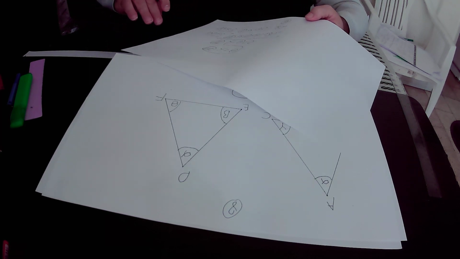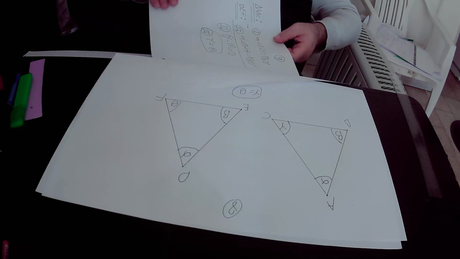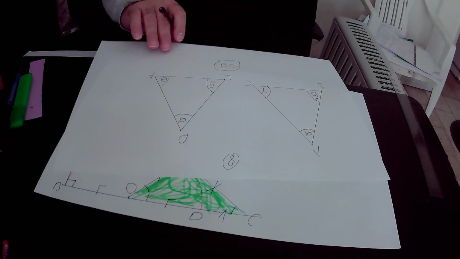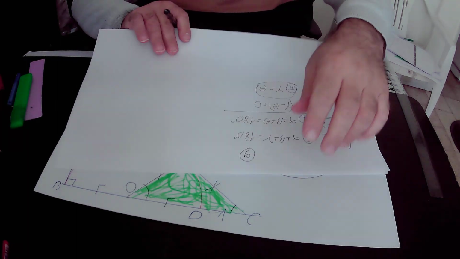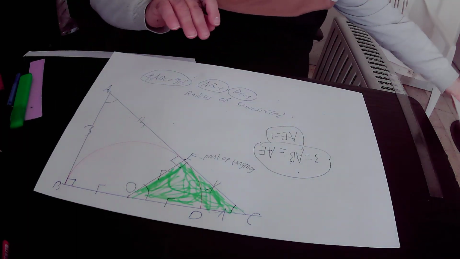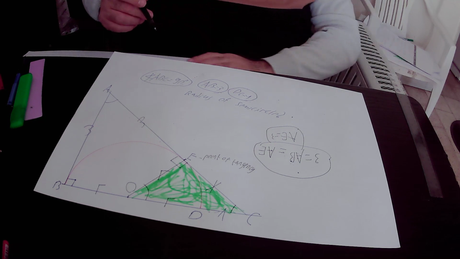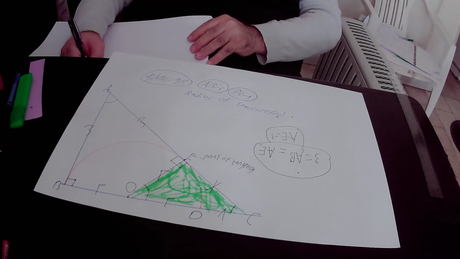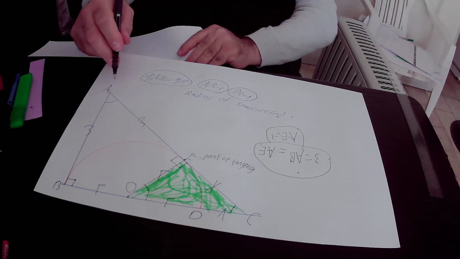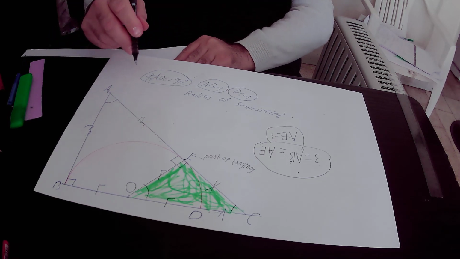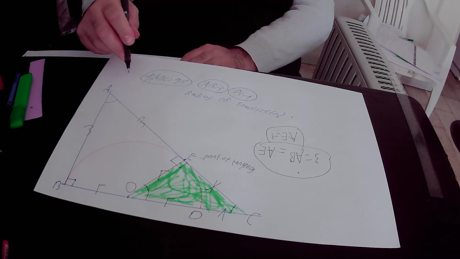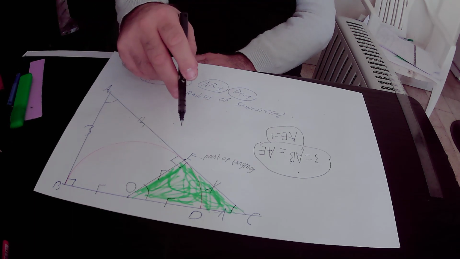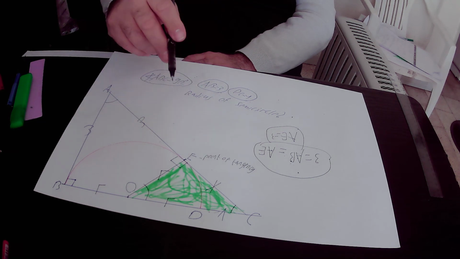So we return to our original drawing. We actually proved that all three angles of the big right triangle, triangle ABC, are congruent to all three angles of the green right triangle, triangle EOC.